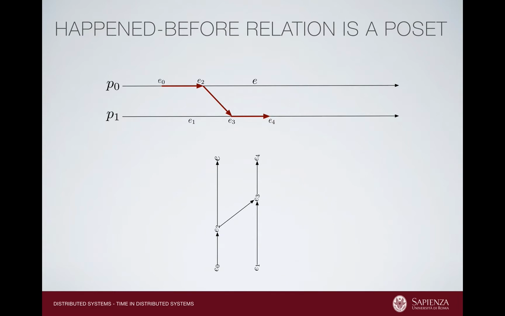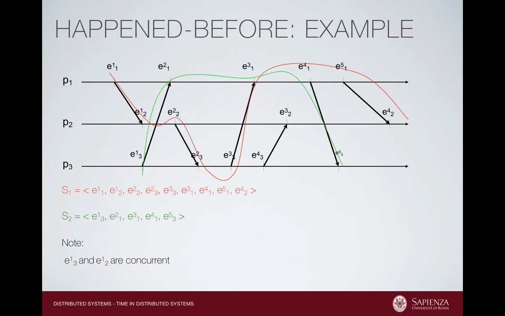You don't need to know what a partially ordered set is. It's just a mathematical formulation to say that it is a set of elements such that there is no total ordering between the elements. So there could be elements that are not comparable. And this is an example of happened before relationship in a bigger system.